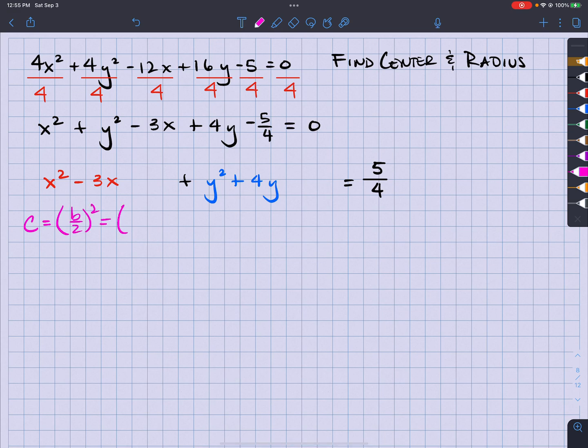So that's equal to negative 3 divided by 2 squared, which is negative 3/2 squared. So that's going to equal 9/4. So I need to add that 9/4 to both sides.